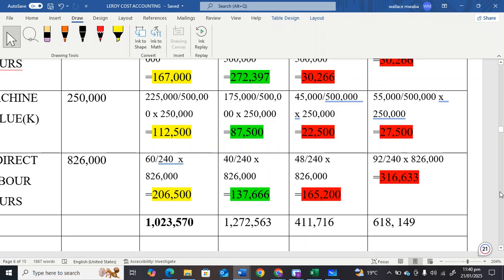Yes. So we are done with stage one. We've apportioned the overheads to each department. Next time we meet, we begin stage two, where we reapportion the overheads for the service departments.